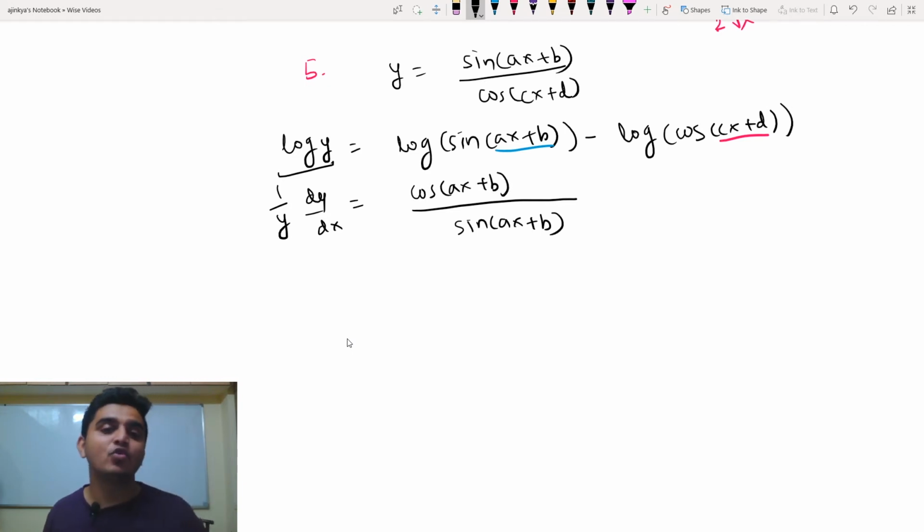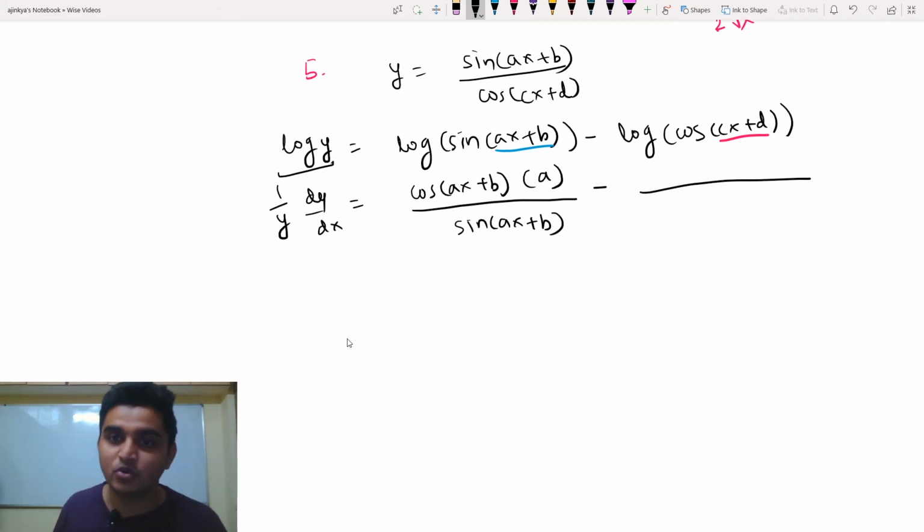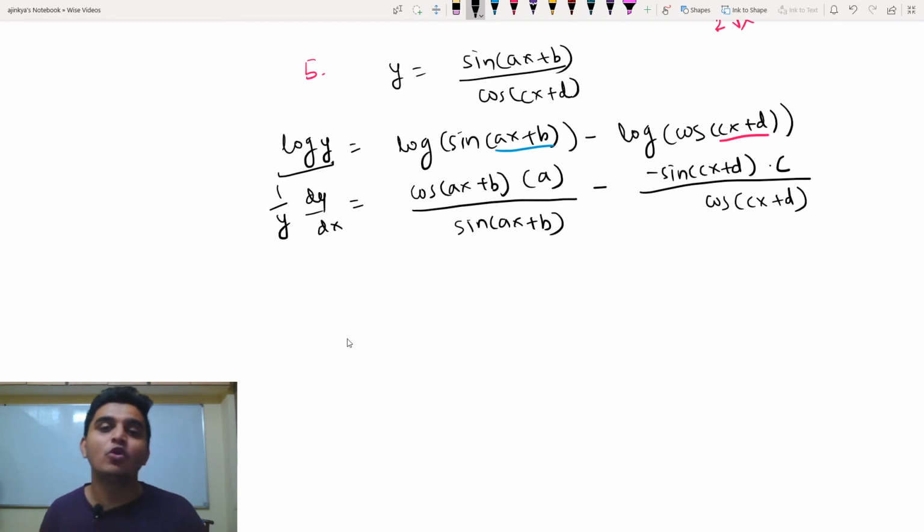Then again you have to go inside and differentiate ax plus b, which comes out to be only a. In the same case, this whole function is going to be minus sine of cx plus d times c, whole divided by cos of cx plus d.